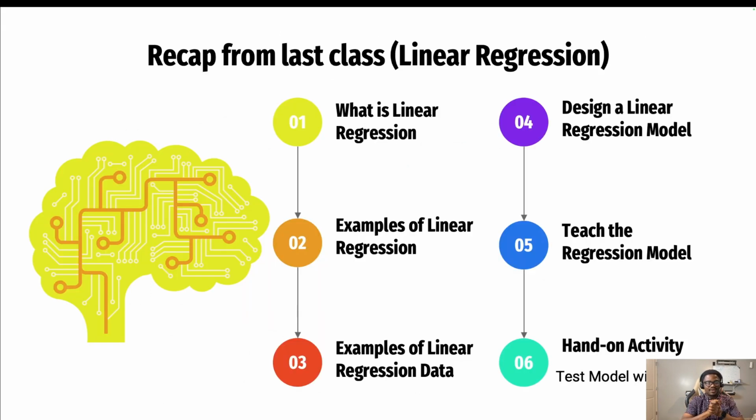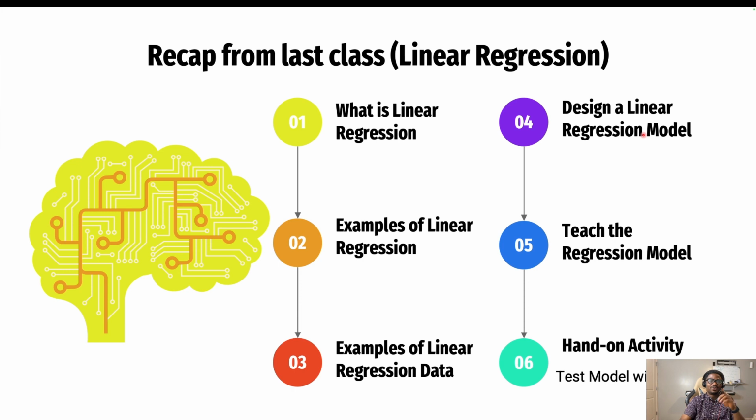Again, just a recap of what we did in the last class, we talked about linear regression. We did examples of linear regression. We got our data and we were able to design our own linear regression. I think the linear regression I designed was to predict student exam score based on their hours of study, right?